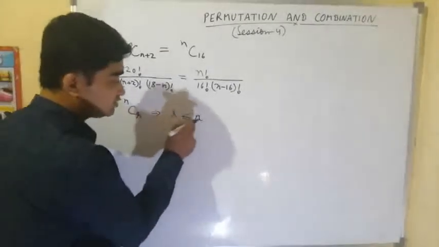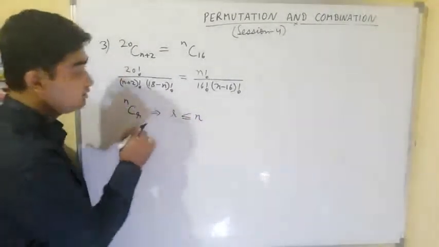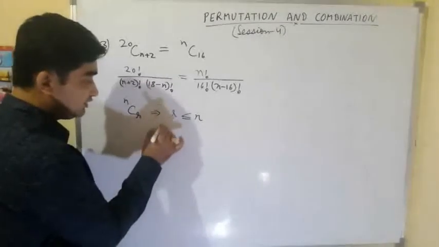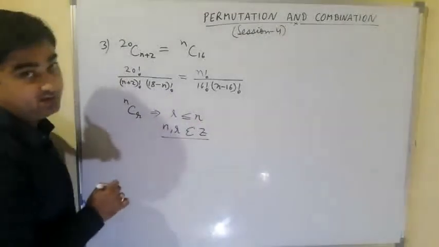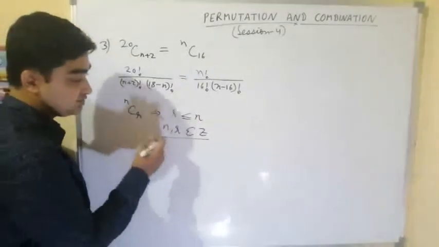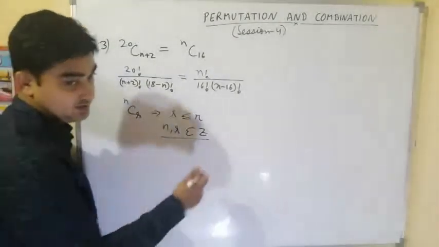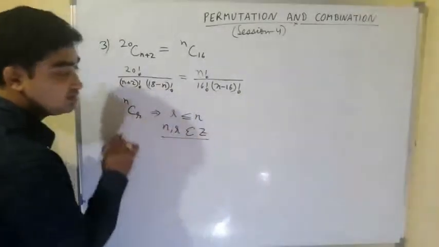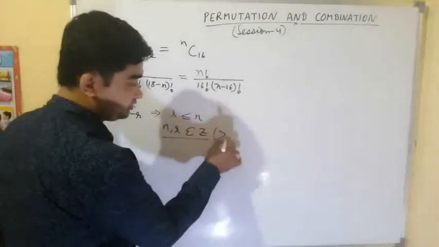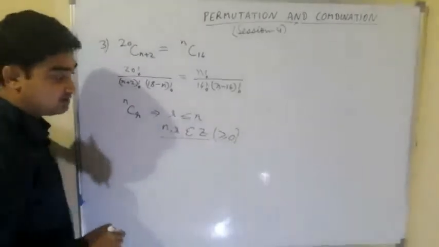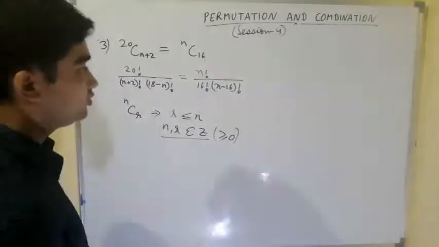Also both n and r should be integers, because they are some number of objects, 5 objects, 10 objects, 15 objects. They can be 0 also, so they are non-negative integers, greater than or equal to 0.